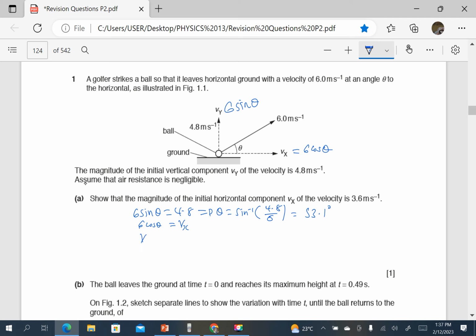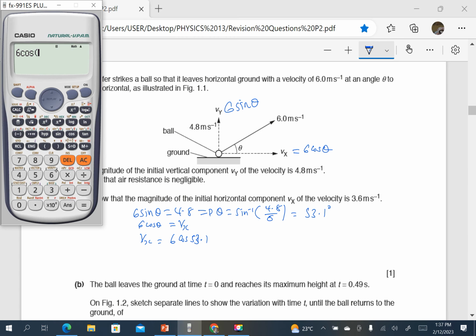So it means Vx is going to be 6 cos 53.1, that is 3.6.